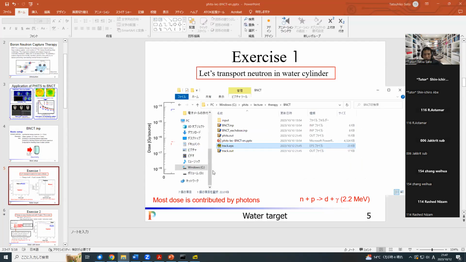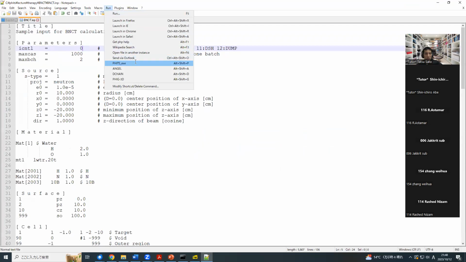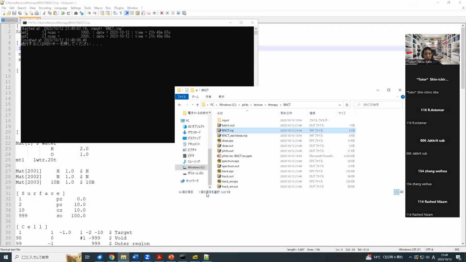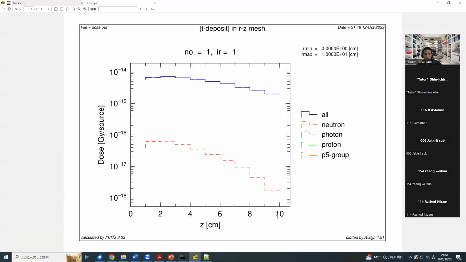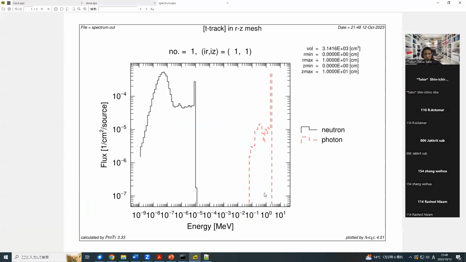I think it's quite easy for you. I also do it on my screen: change it to 0, save, and run FITS. Then check the dose EPS and spectrum EPS.